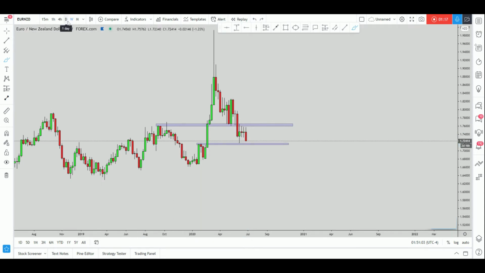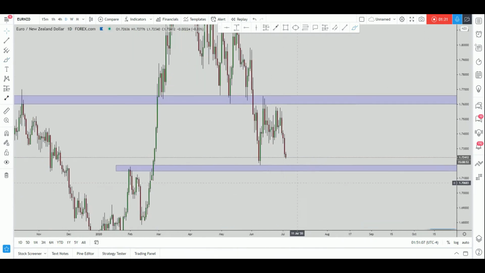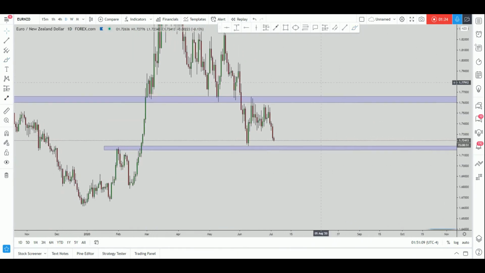Let's go down to the daily time frame and see what kind of situation we have from a daily perspective. On the daily time frame, we can see that currently the market is approaching the lower support zone that we have just identified from a weekly perspective. And how is it approaching this support?